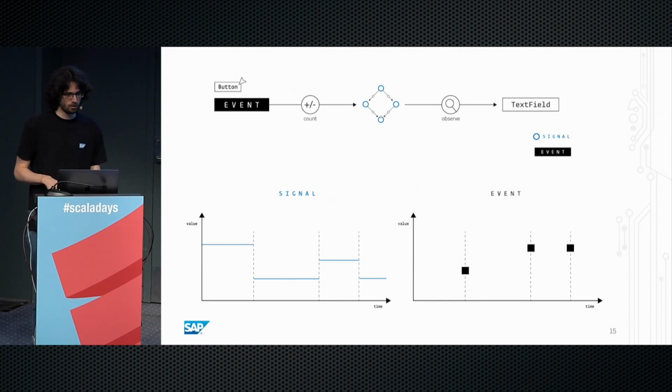Up until now, I've told you how you can produce these signals and maybe also events, and how to map them to new events or signals. But at some point you want to do something with these signals. So maybe you want to display them in a UI, or whenever a signal changes, display some dialog box or something like that.